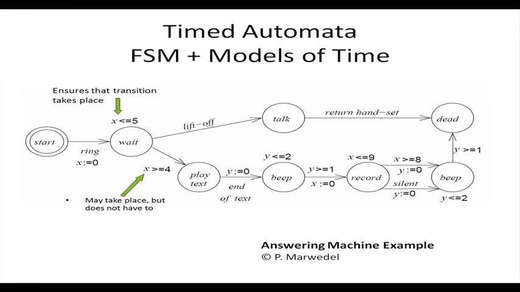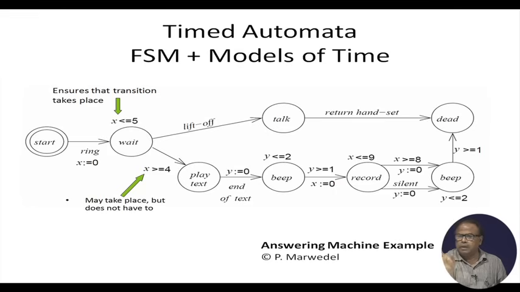You have reached Mr. So and so, please leave a message after the beep, etc. So, it plays a text, and then you see another clock is set to 0. As soon as the end of text is given, then a beep is there, and that beep is there for some duration.